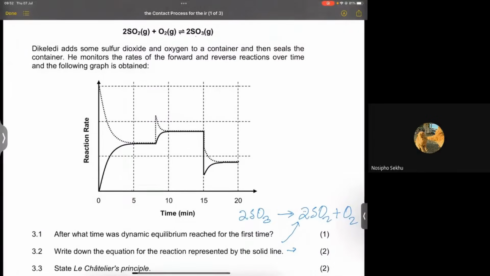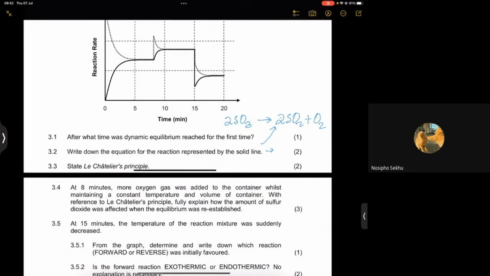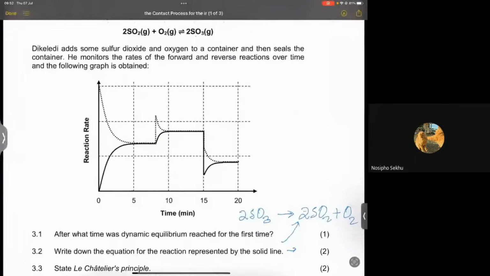Now, I want us to go back to that. They said to us they added more oxygen. Remember that these graphs do not represent amounts, but they represent rate of reaction.